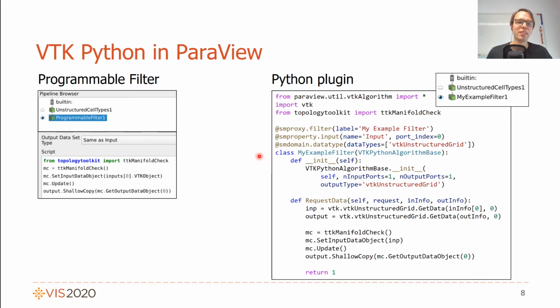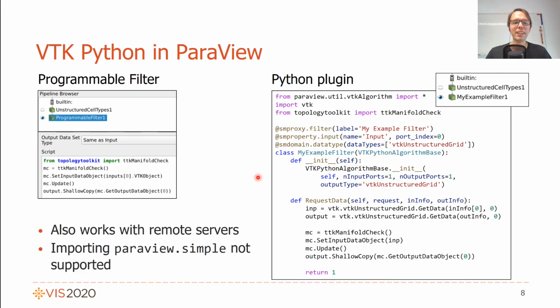In this programmable filter or Python plugin, you of course cannot use the paraview.simple API, because this would modify the pipeline while the pipeline executes, and it will have some unexpected results. So here you need to use the VTK layer, and as a byproduct, these will also work when you're connected to a remote server.